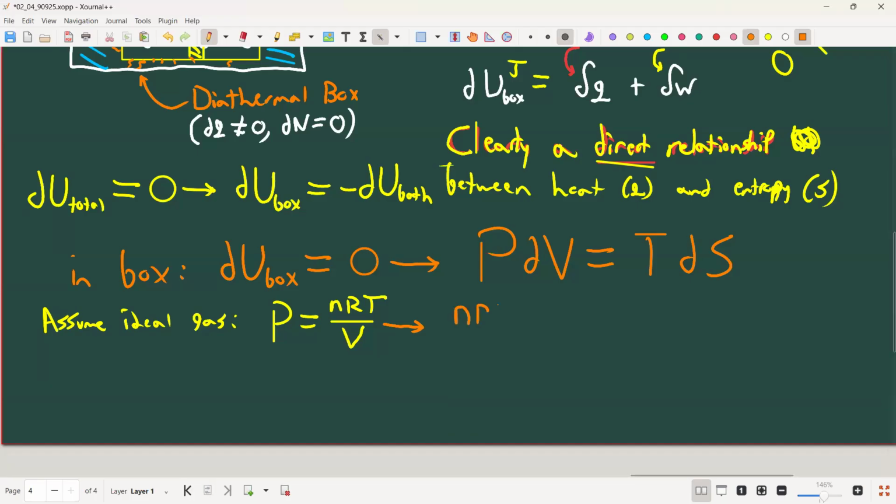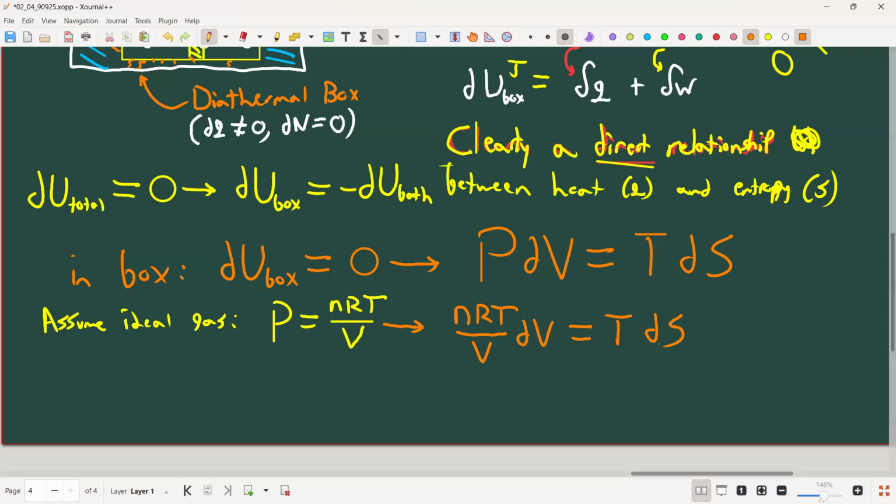Now I have nRT over V dV is equal to T dS. Now I can get rid of the T's, a T on both sides. I can cancel the T's out. n, of course, is a constant because we have a fixed number of moles in the box. R is a constant. It's the gas constant. I think I've mentioned it already. Maybe I'll write it down in a second.